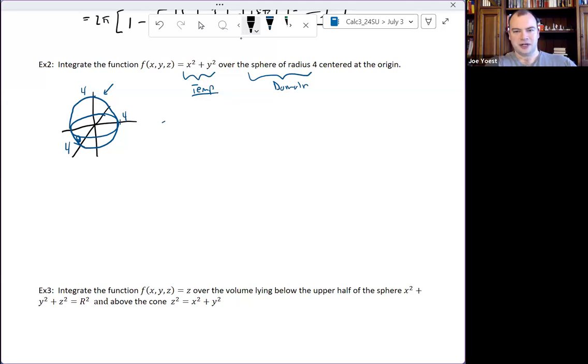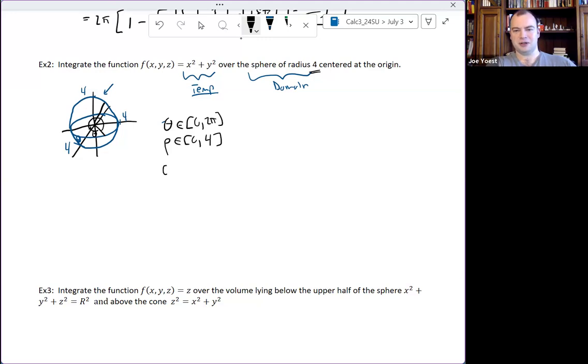Well, for this sphere, I noticed that theta, I'm going all the way around. I noticed that rho, my radial distance, goes from 0 to the radius of 4. And here I've got to be really careful.